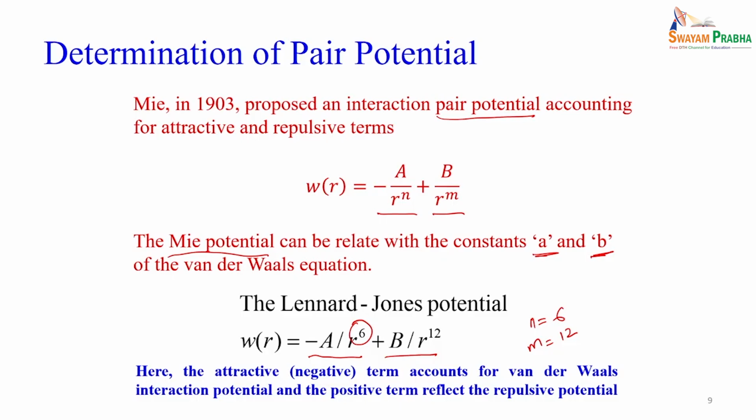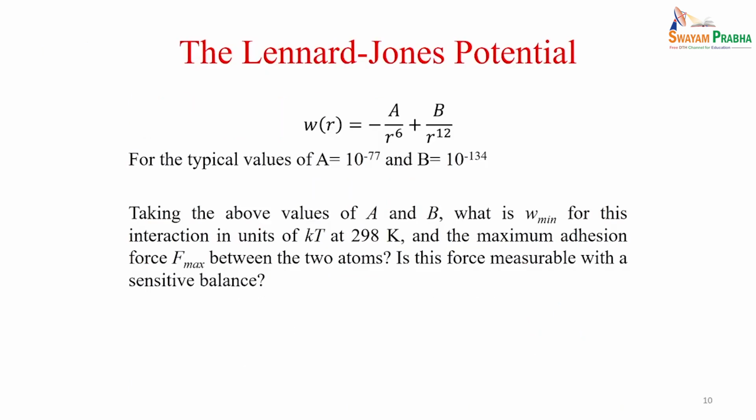It is very good to see that, depending on the value of N or M, this pair potential can be applied to different systems. We will see in subsequent slides. Okay, so we will just discuss one example here.